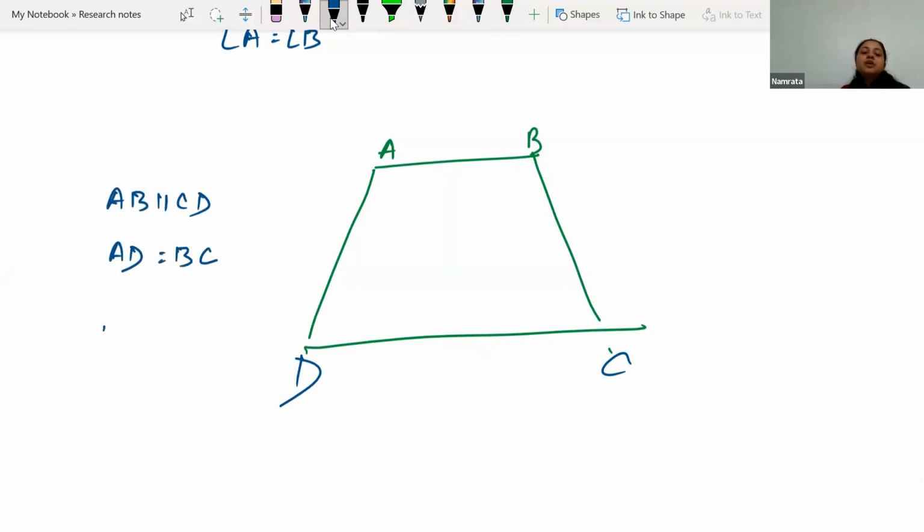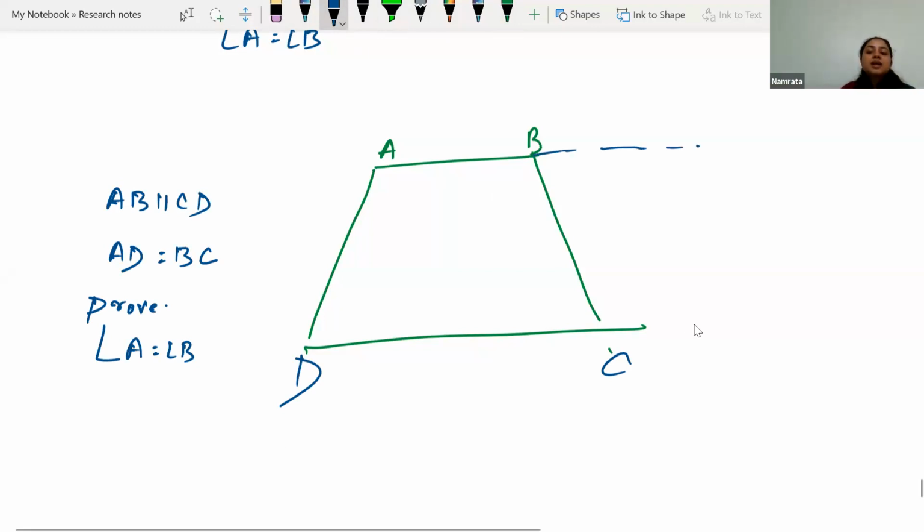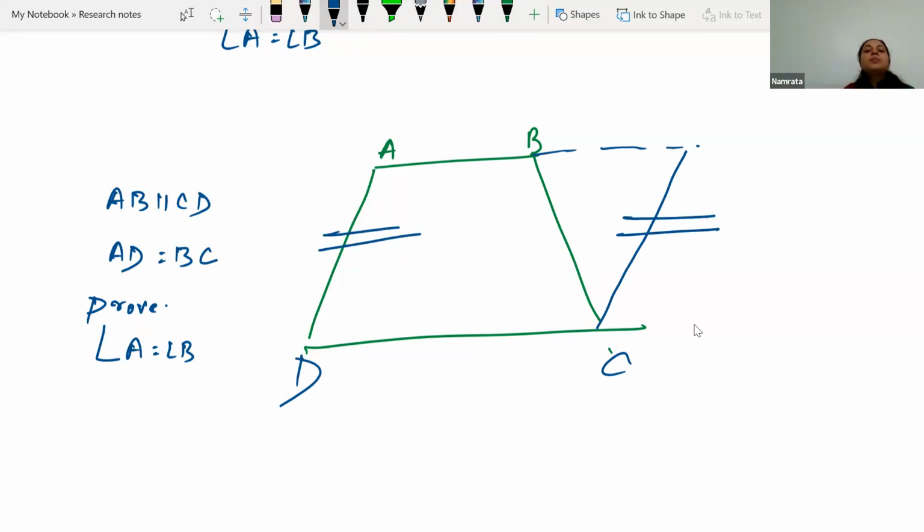We wanted to prove that angle A is equals to angle B. We realized that without doing any construction, we will not be able to go ahead easily. So we have done one construction by ourselves. We have extended this side and joined it with this. Here we have done the construction in such a way that AD and CE are parallel.